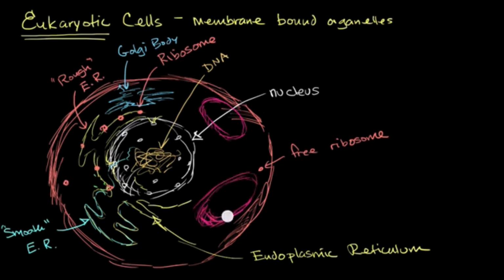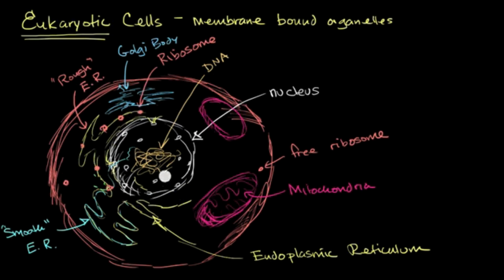But mitochondria, let's see if we could see inside of this. This is where your ATP is produced. This is your mitochondria. It's really the powerhouse of the cell. What's interesting about mitochondria is that evolutionary biologists believe that the ancestors of mitochondria, because mitochondria have their own DNA, might have been independent organisms, independent cells, and at some point in our evolutionary past, they started living in symbiosis inside of what would be the ancestors of our cells.